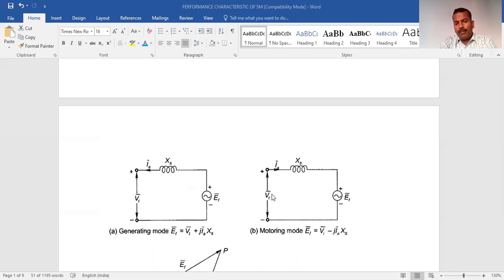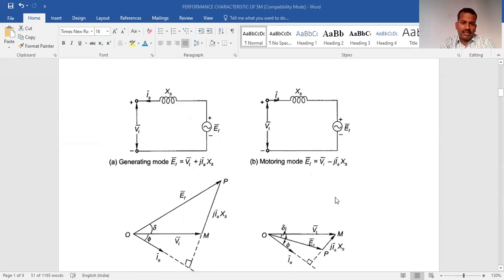How can you apply KVL in this circuit? This is the motoring mode. This means current will be consumed, electrical power will be supplied, and current will be supplied to the synchronous motor. Vt is the terminal voltage, Ef is the excitation voltage of the motor, and Xs is the synchronous reactance.